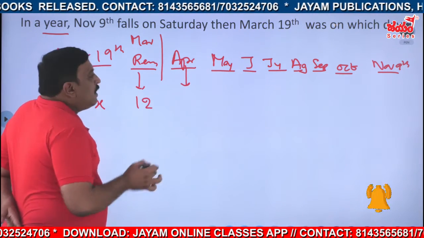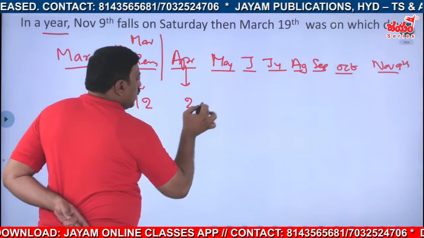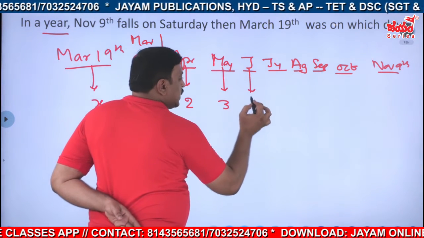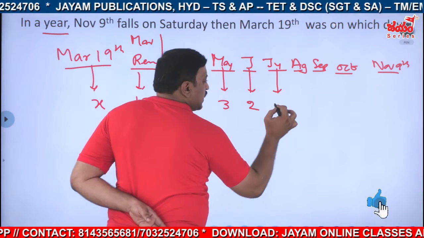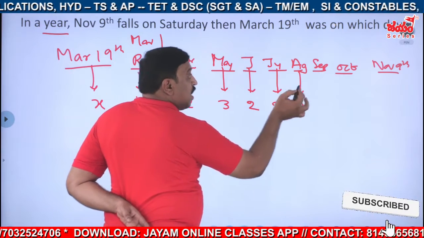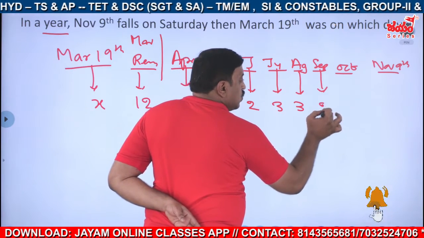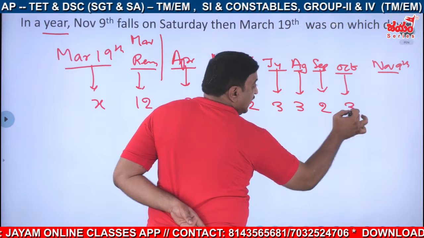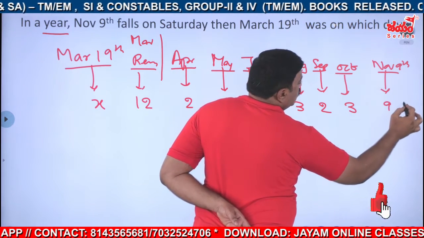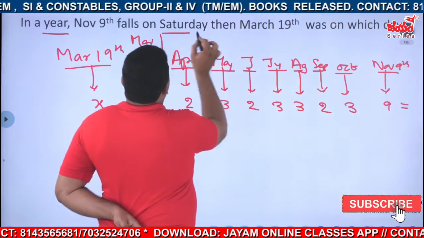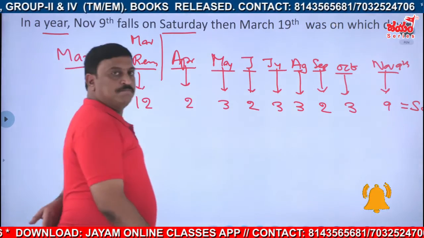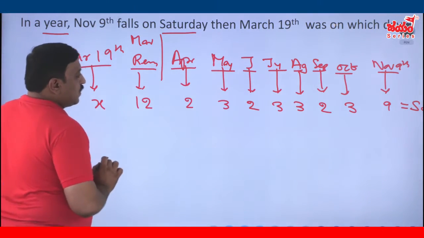April, 30 days, 2 odd days. May, 3. June, 30 days means 2. July, 31 days, 3. August, 3 again. September, 2. October, 3. And November, how many days had you considered? 9, which should be equal to Saturday. That's fine. Our calculation goes like this now.